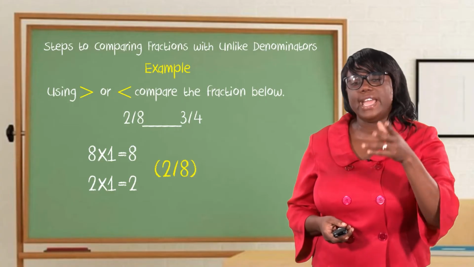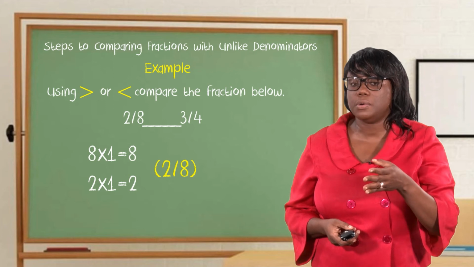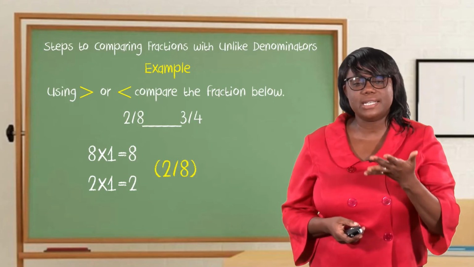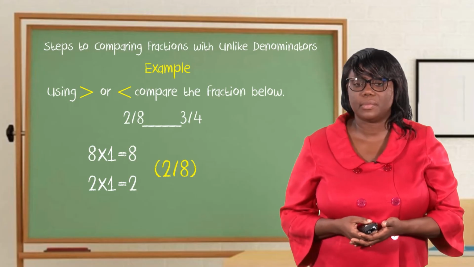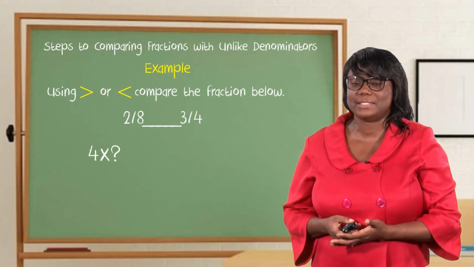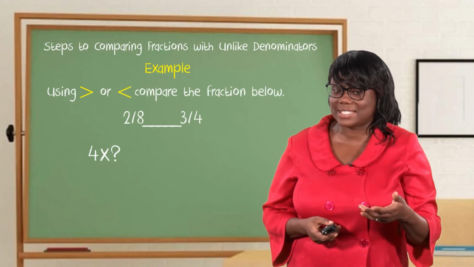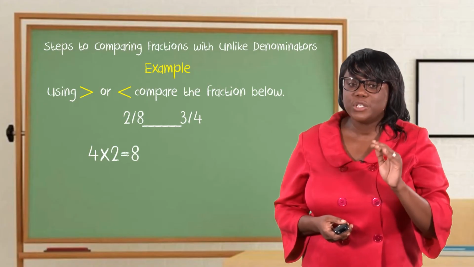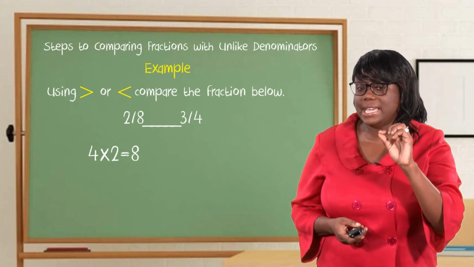So let's move to the next fraction. We have to convert 3/4 also to a like fraction. So let's look at the denominator. The denominator in that fraction is 4. What multiplied by 4 will give the LCM 8? 2 times 4 equals 8. So 4, the denominator, multiplied by 2 will give us 8.